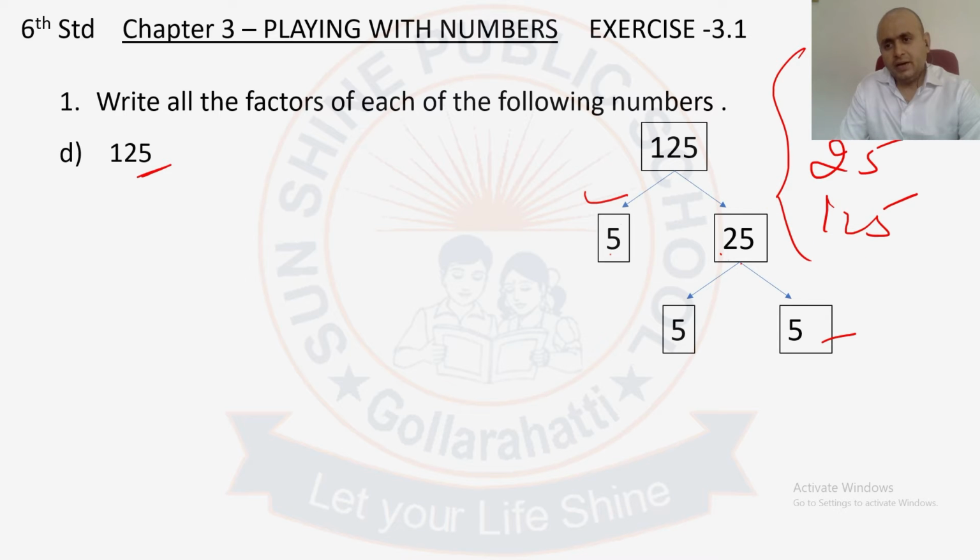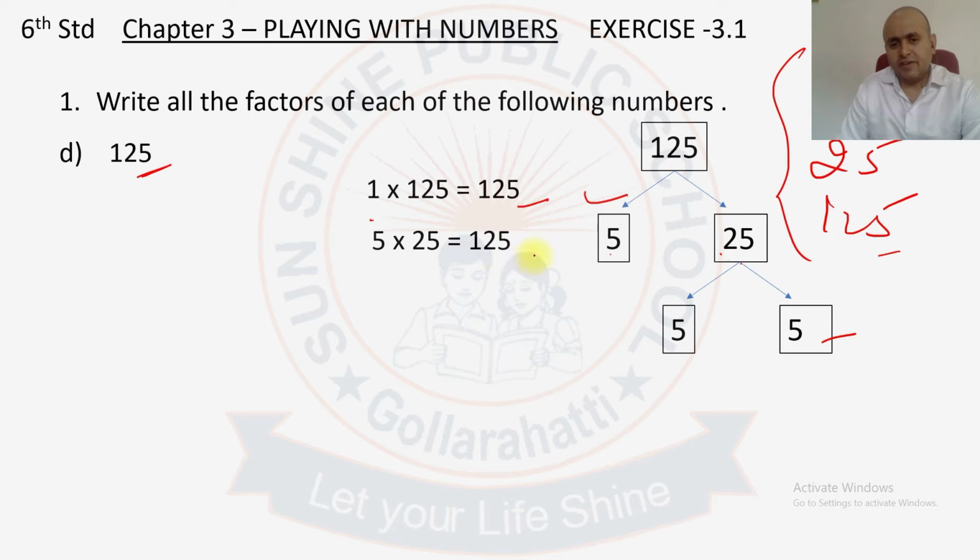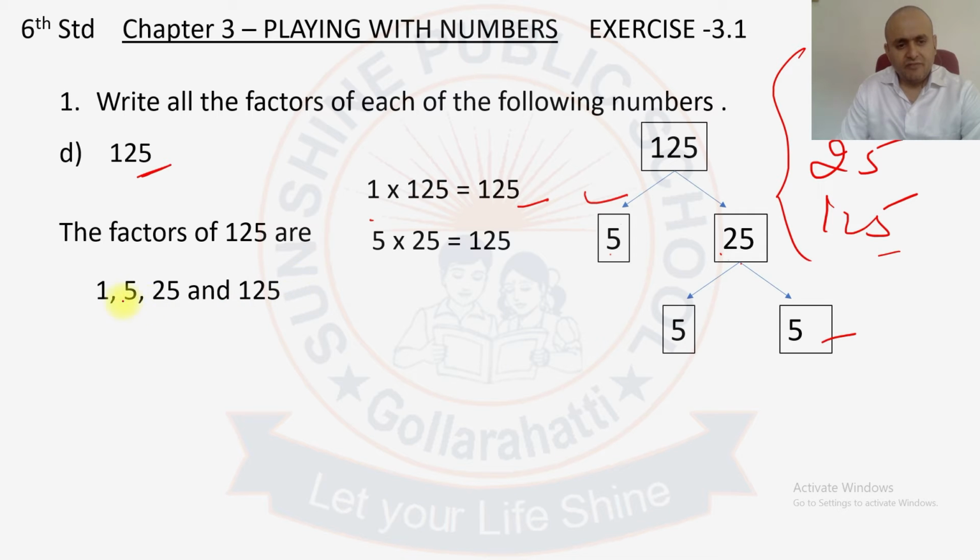So the factors are 1 × 125 is 125, 5 × 25 is 125, or 25 × 5 is 125. Therefore the factors of 125 are 1, 5, 25 and 125. These are the 4 factors of 125.